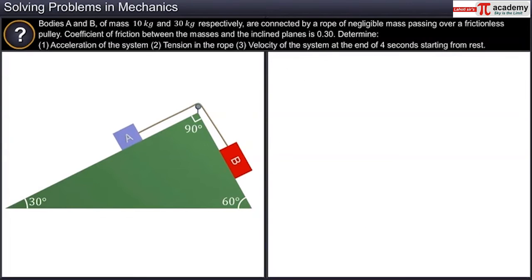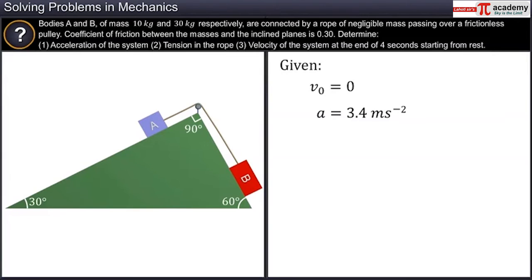Now, we need to find the velocity at the end of 4 seconds. Given that the initial velocity of the system, v0, is equal to 0, acceleration of the system, a, is 3.4 meters per second squared, and time t is 4 seconds.